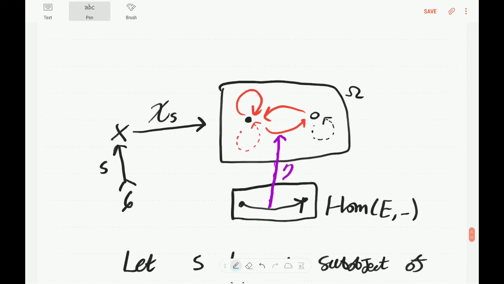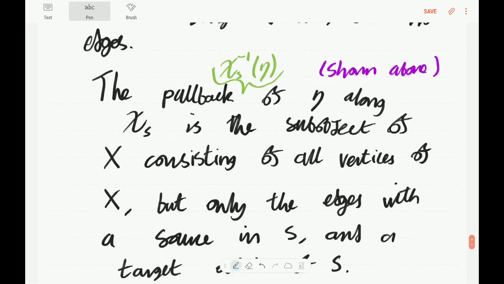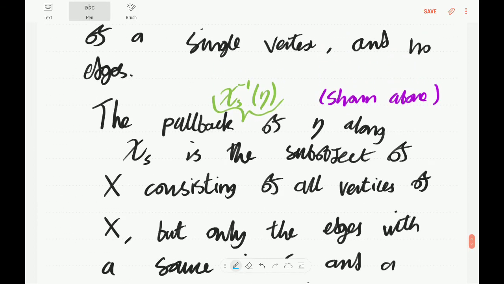So this half solves our problem, but then what we need to do is get the isolated vertices.